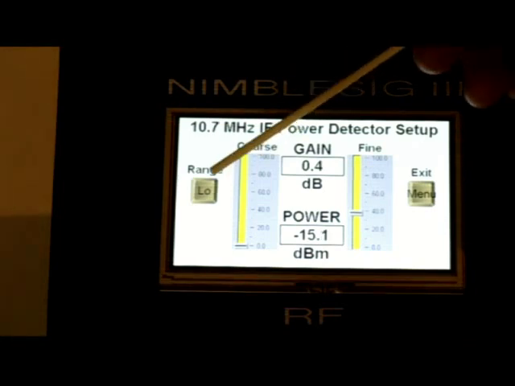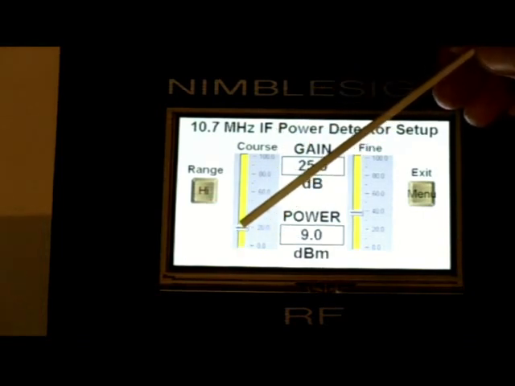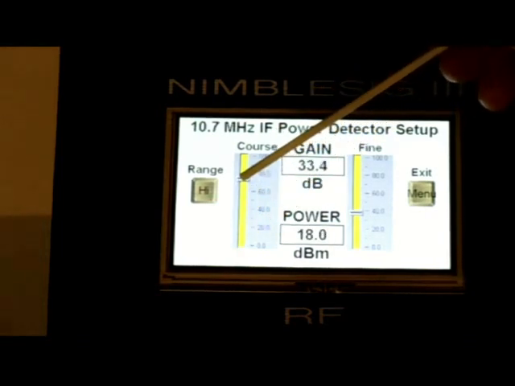We could switch it over to the high gain range, for example, and we've thrown in 16 dB, almost 17 dB of gain in the detector, bringing the power level up to about 2 dBm. The power detector limit is about plus 10. So we could increase the gain and bring it up to the limit. We'll just see what we can get out of it.